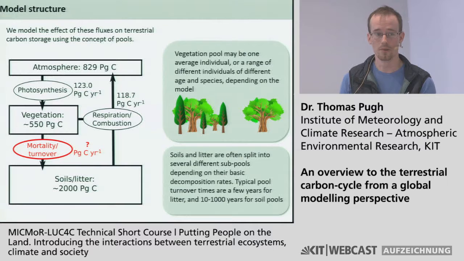For the vegetation pool, we have different ways of representing this and linking it with the actual vegetation we see outside. So it might be that we represent our vegetation through a single average individual, which has characteristic features, or a whole range of different individuals, and this depends on the model we're using.